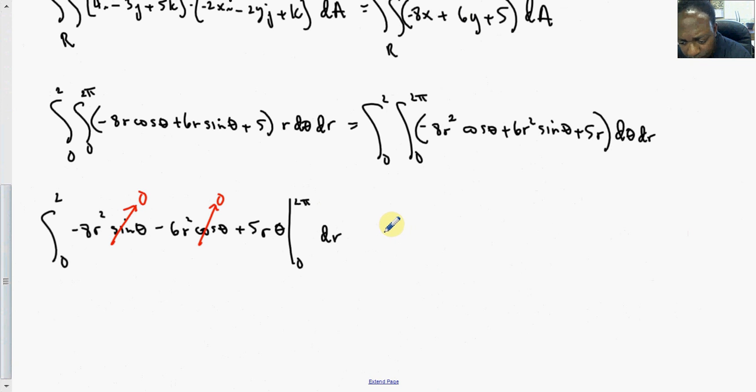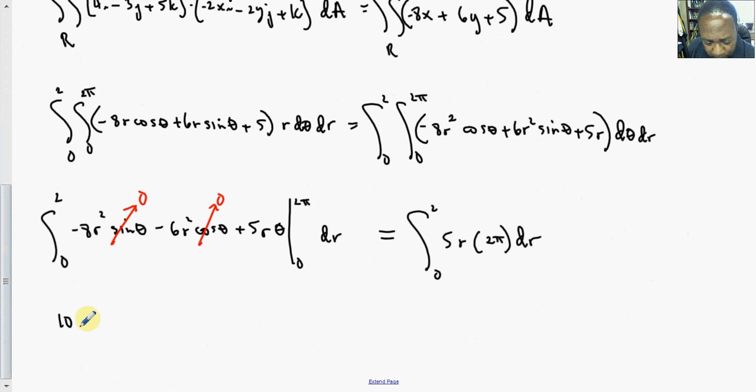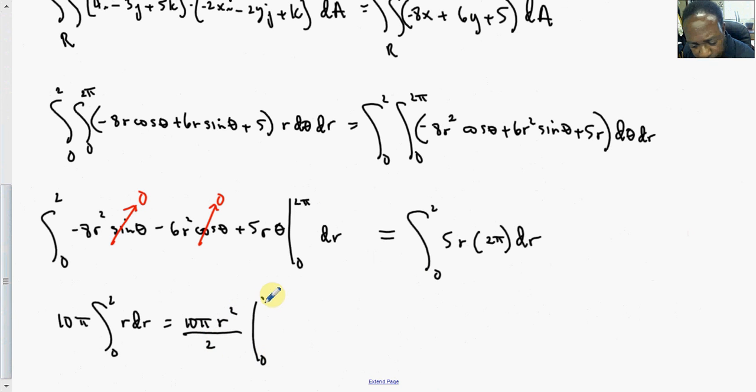So the only term that you evaluate in terms of the theta would be this 5r. So this is the integral again from 0 to 2. Here we have 5r times 2 pi and then dr. So we get 10 pi sitting out in the front times the integral from 0 to 2 of r dr. So this gives us 10 pi r squared over 2, and the r is evaluated from 0 to 2.